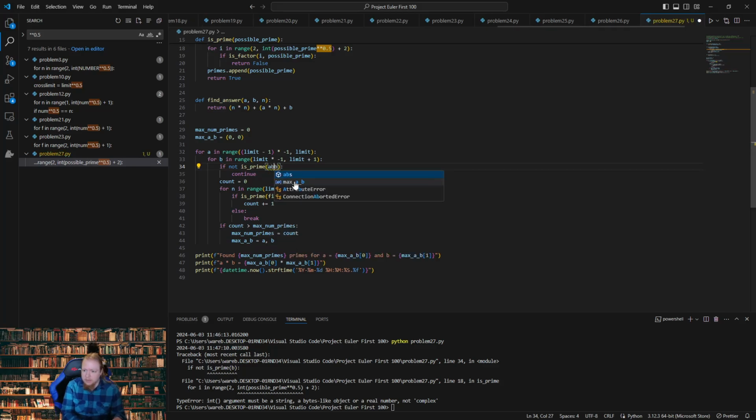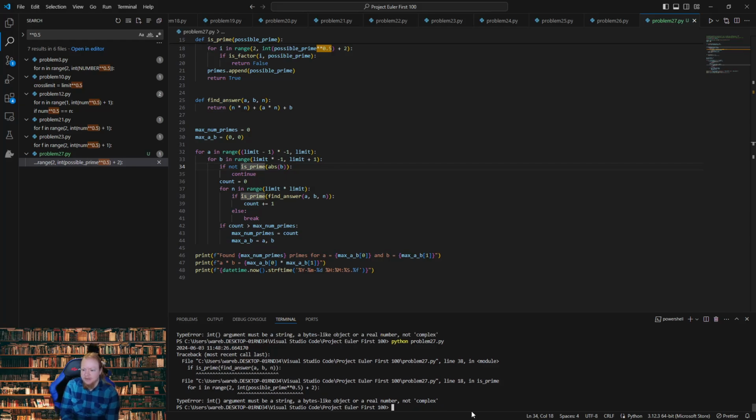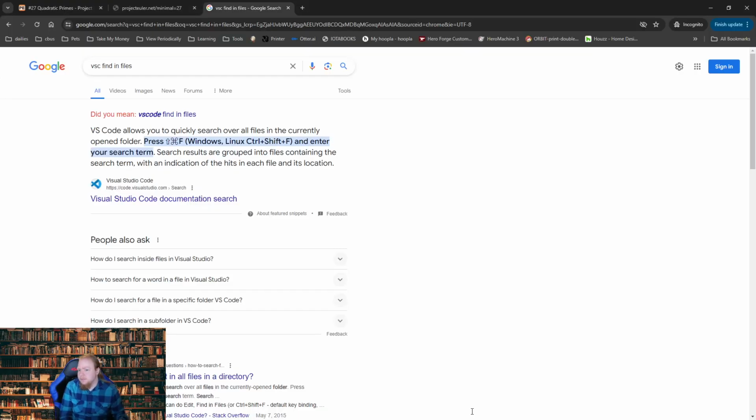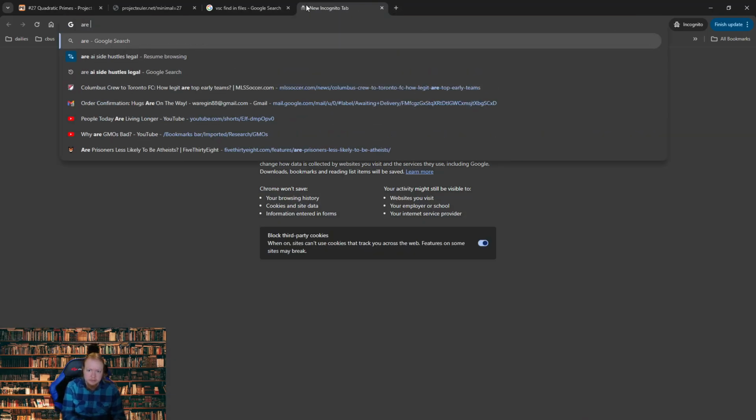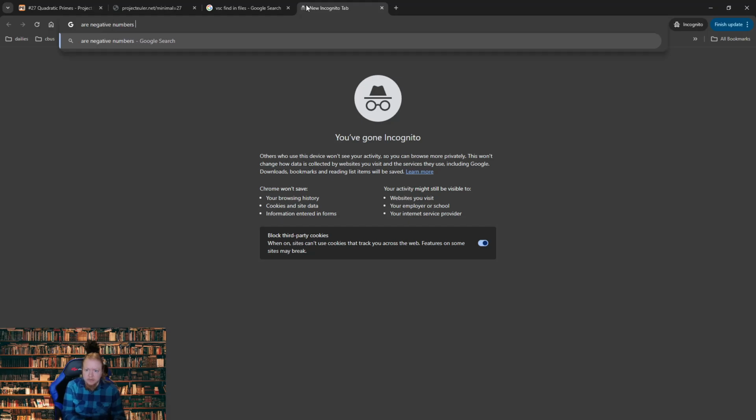So we need to figure out the absolute value of b, not... Because if you take the square root of a negative number, it's like times i and something. I wonder... are negative numbers prime?